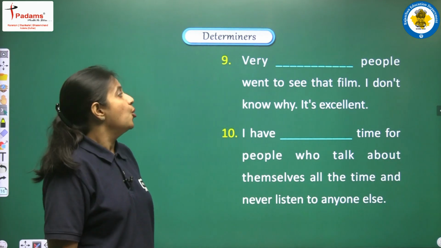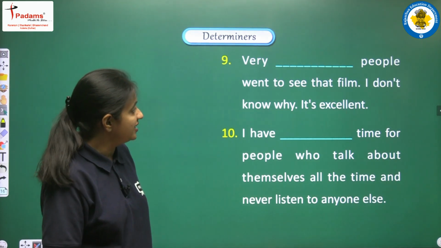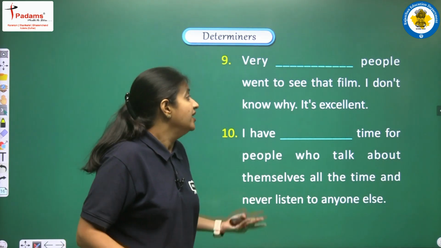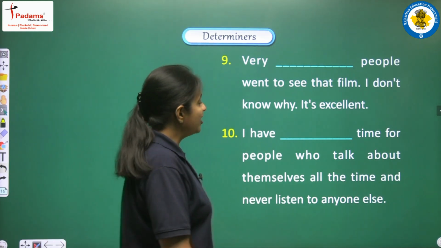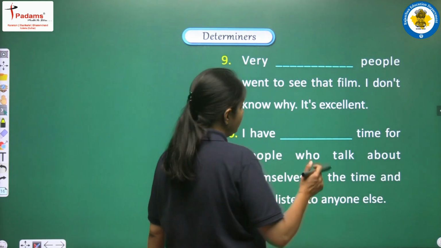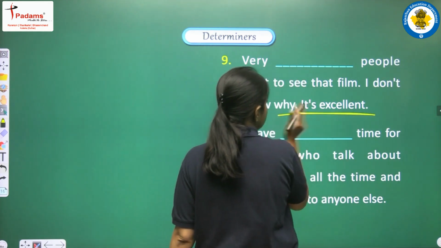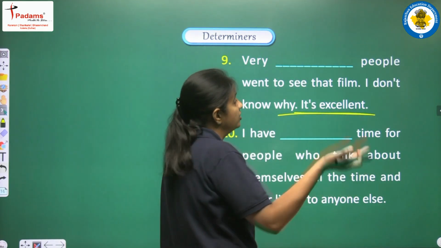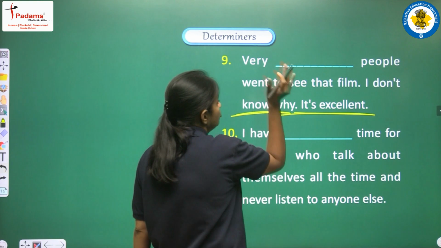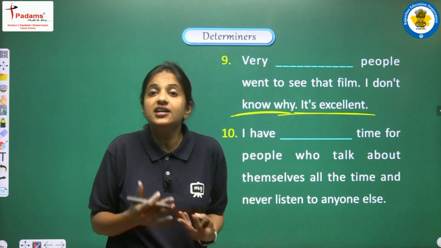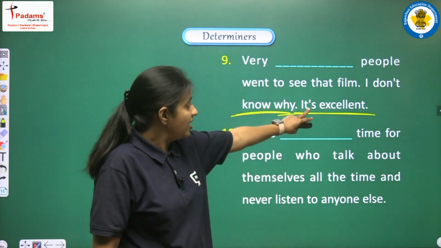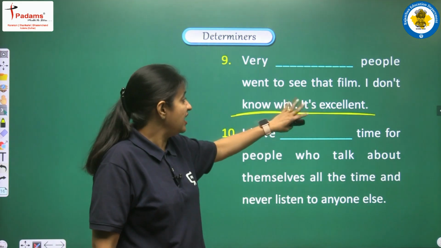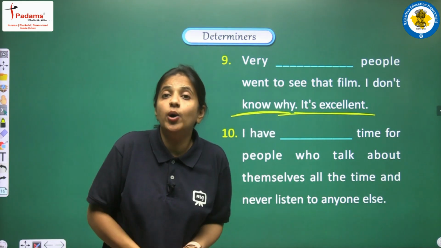Next sentence, very people went to see that film. I don't know why. It's excellent. So here we are talking about one film, and we are saying that film is so excellent, that film is very good, and I don't know why उस मूवी को देखने के लिए इतने कम लोग गए थे. So obviously when we are saying that that's an excellent movie and I don't know why, so why we are wondering?